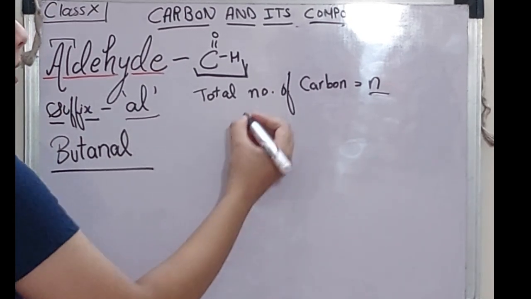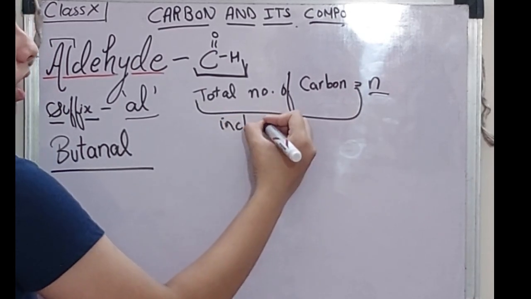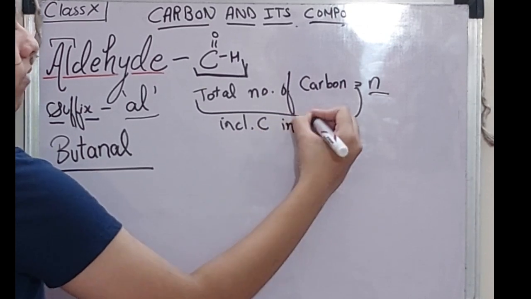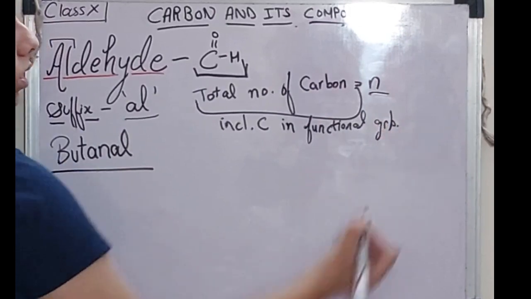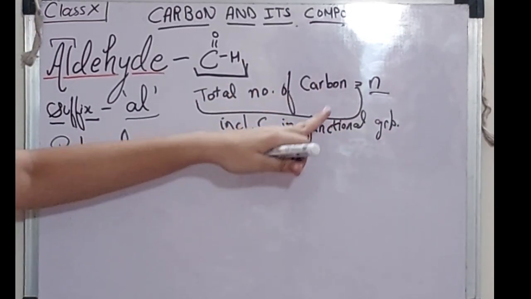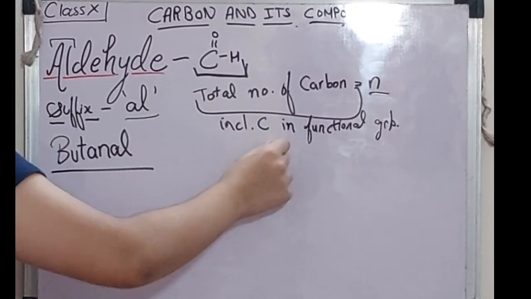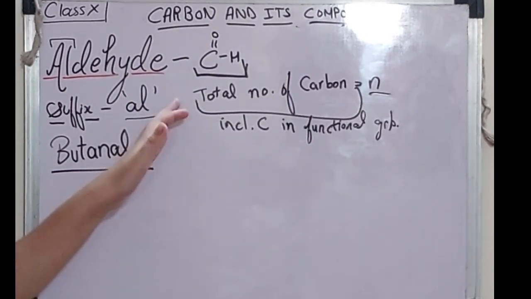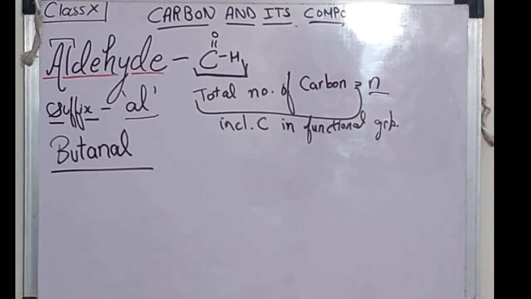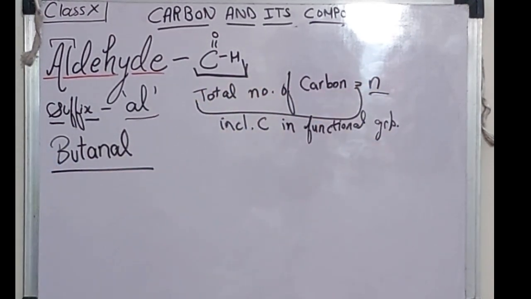And n mein jo total number of carbon hai, it also means including the carbon in the functional group. Okay, I'm not saying excluding, I'm saying including. Matlab you have to consider this carbon as well when you are counting the total number of carbon.